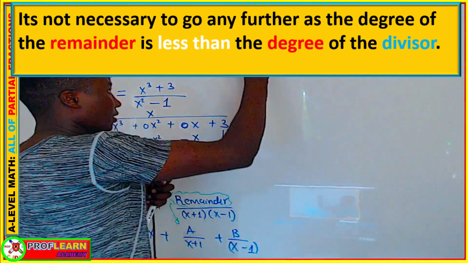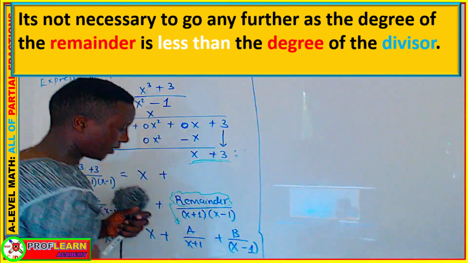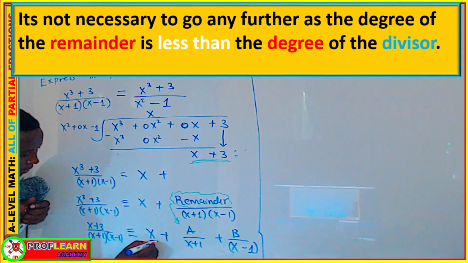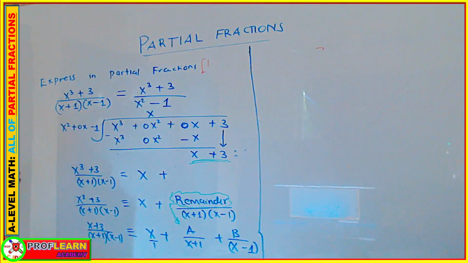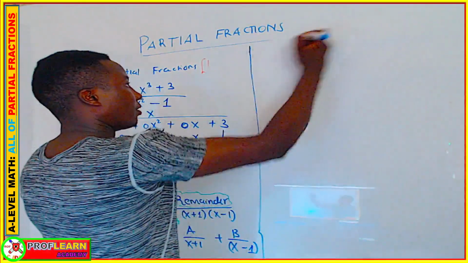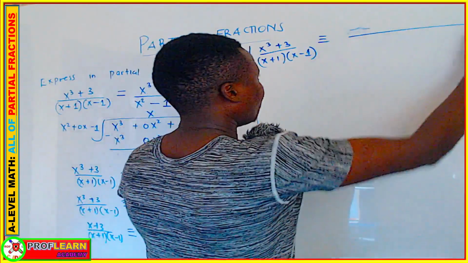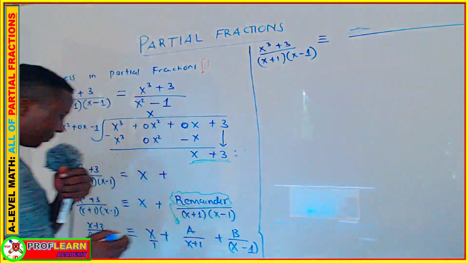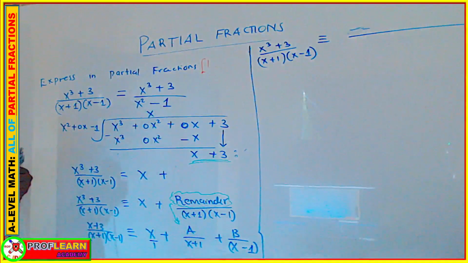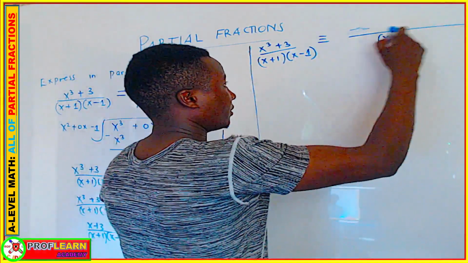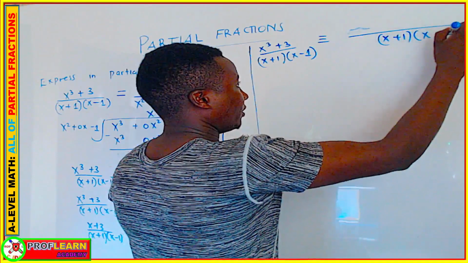We can now further proceed with the equation, expressing this as a common denominator, because already here actually is 1. How can we express this as a common denominator? The common denominator is going to be (x plus 1)(x minus 1).